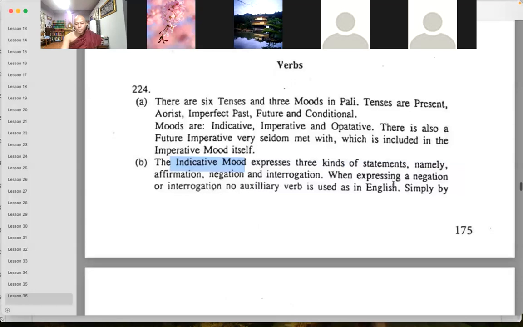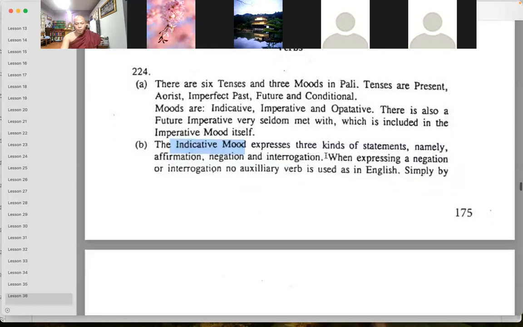So for that here, but Pali is different from English. In English, we already know that for the negative statement, we need to use the helping verb with the negative sense not.